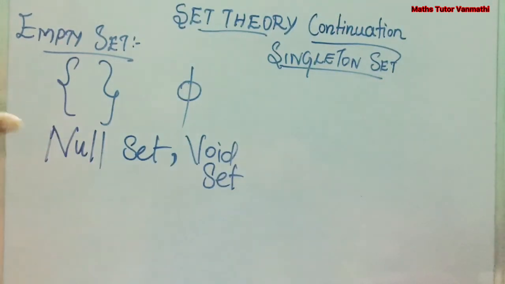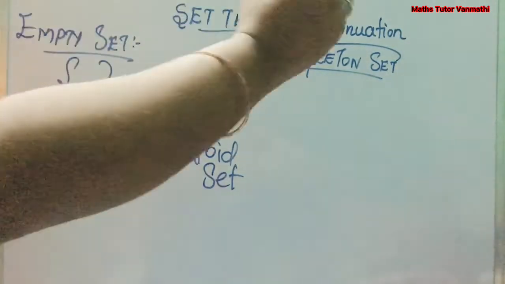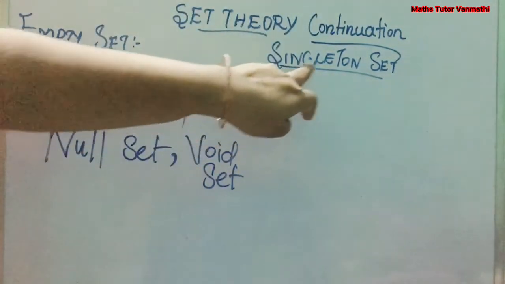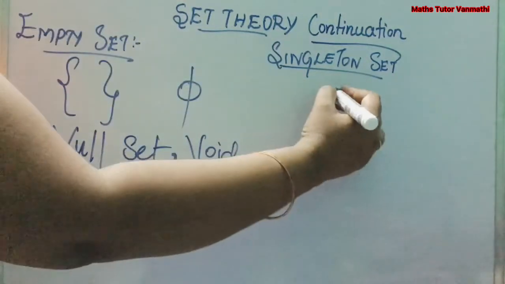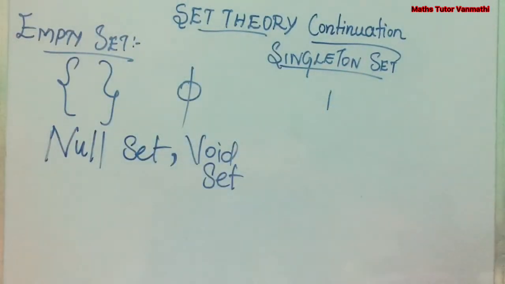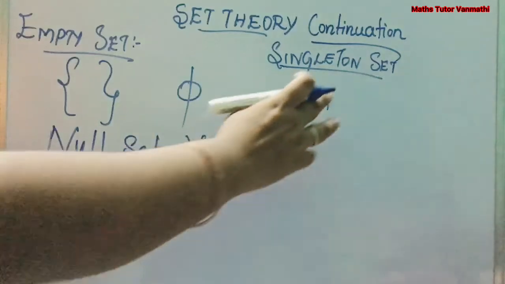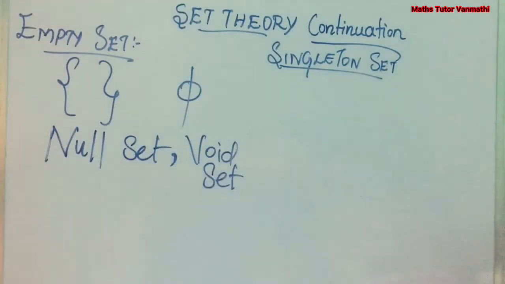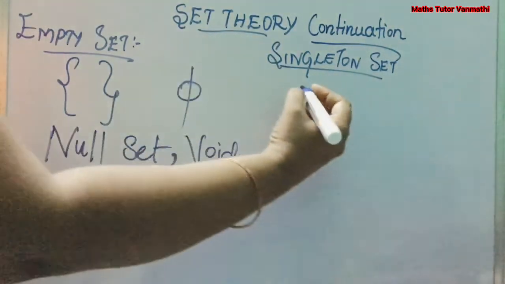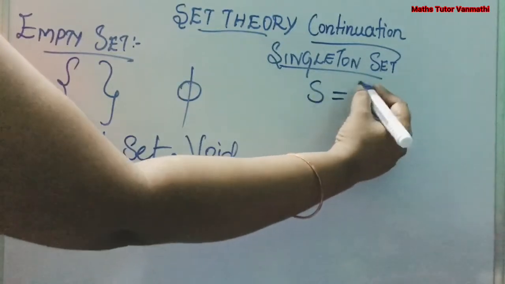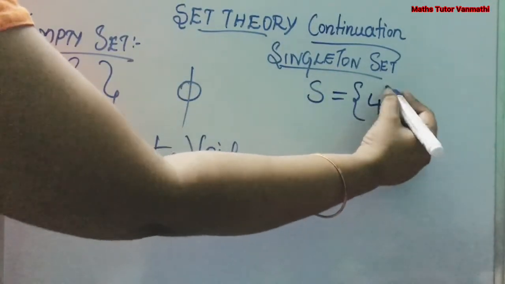The singleton set is the opposite of this. It has exactly one element. What do you mean by single? Single means one, right? So a set with only one element is called a singleton set. Let me take S equal to {4}.